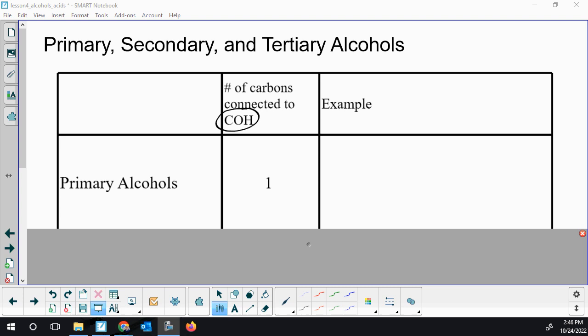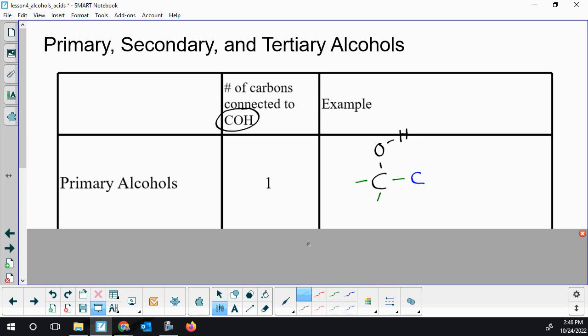So what does this look like? Then I'll come back to the second row. So in my example, I must have a C to an O to an H. That's what I've circled in black. Okay? And I'll consistently do that in black, and then I'll switch to other colors. Okay? That black carbon has 3 more bonds that it can have. Okay? In a primary alcohol, only 1 of those 3 can be a carbon. So I'll put a carbon on 1, and I'm not going to fill that carbon in.